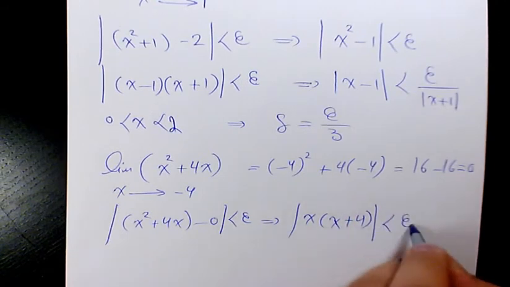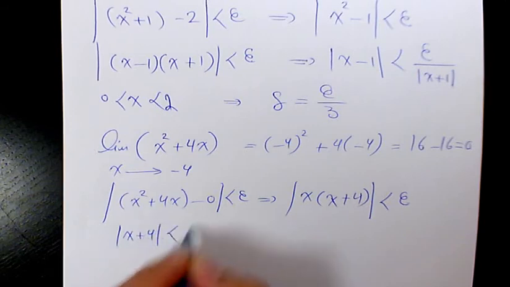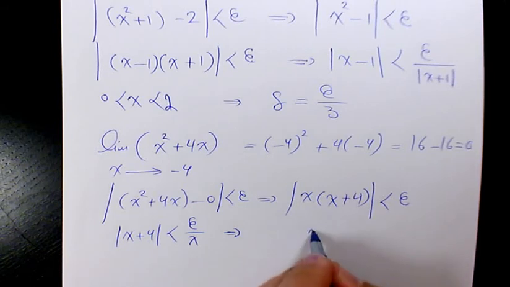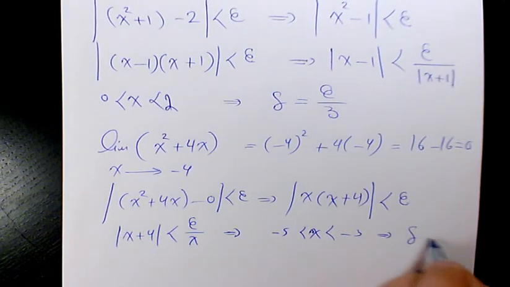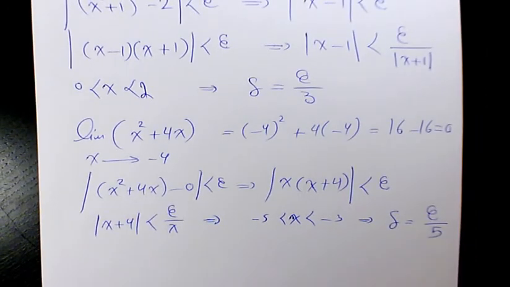This will be less than epsilon. So the absolute value of x plus 4 has to be less than epsilon over the absolute value of x. And then you can say that if you assume x is between -5 and -3, then delta is epsilon over 5. So that's how you find the limit and delta.